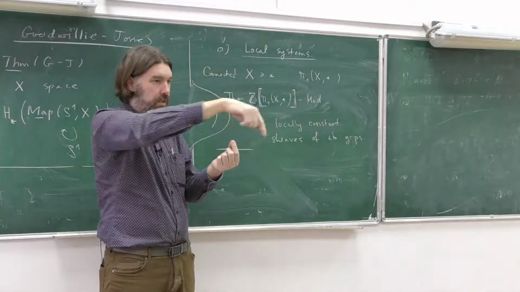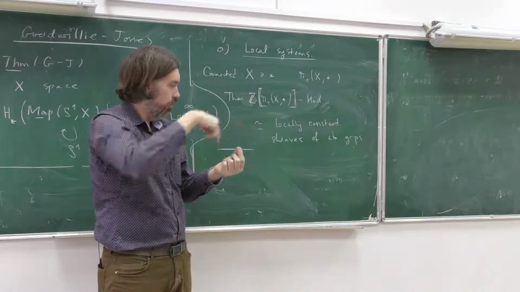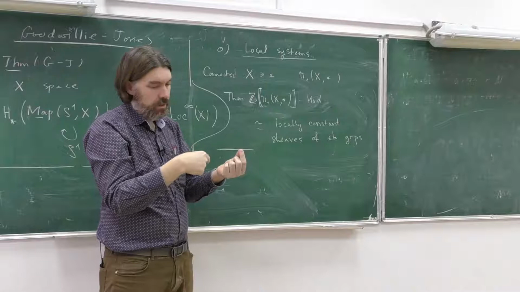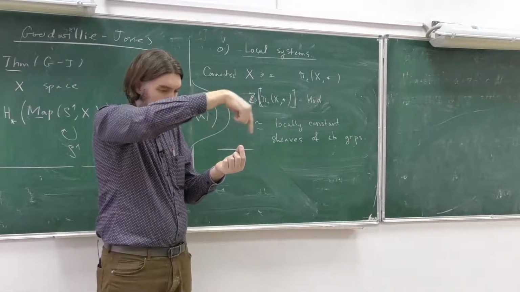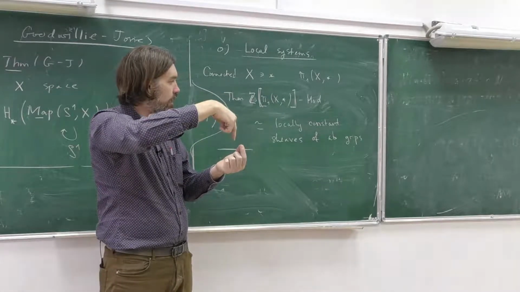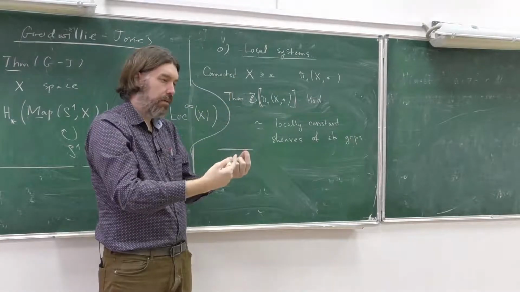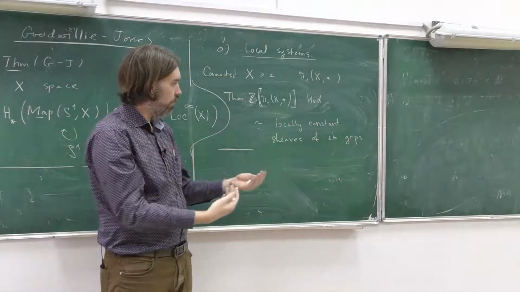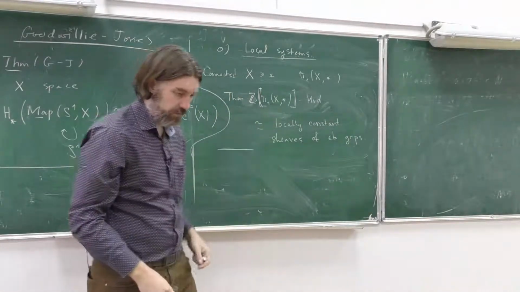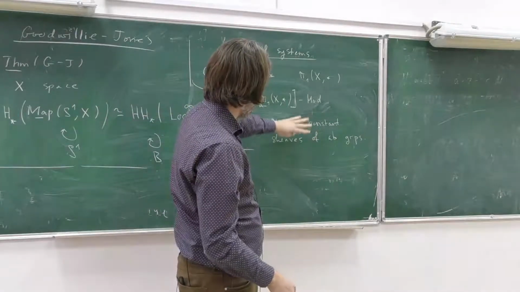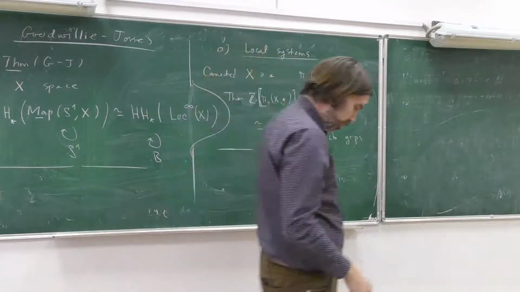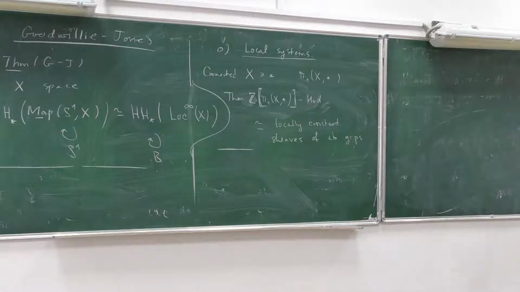Well, you see this in complex analysis as well when you do analytic continuation. So it turns out that this transport along a loop only depends on the homotopy class, and this defines an action of pi 1 on the fiber. And you can explicitly construct an inverse to going from locally constant sheaves of abelian groups to pi 1 modules. And the inverse is constructed similarly to how you go from spaces with action of pi 1 to covering spaces.